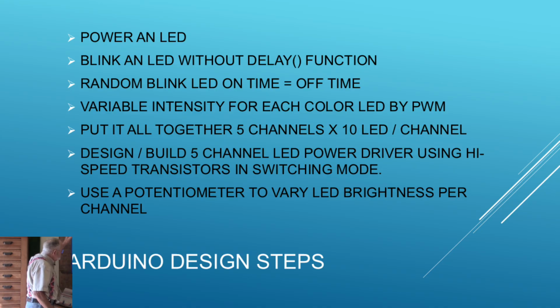So it actually is fairly random. Put it all together. We need 5 channels of 10 LEDs per channel. So we want to design and build a 5-channel LED power driver using high-speed transistors in the switching mode, right? And we're going to use a potentiometer to vary the LED brightness per channel.